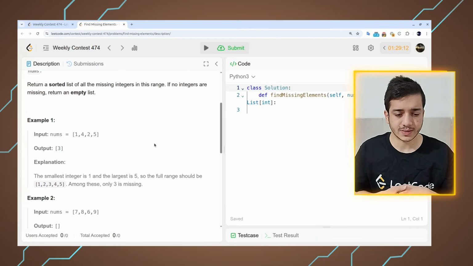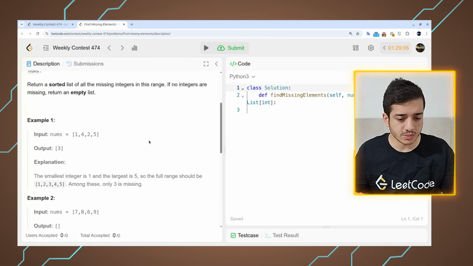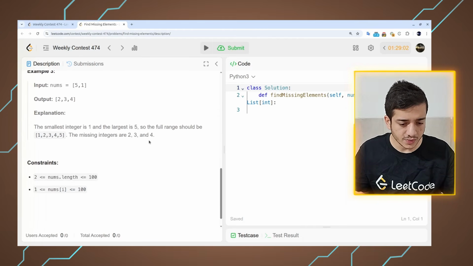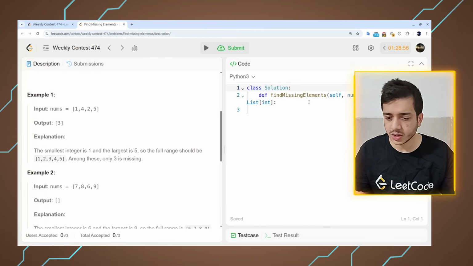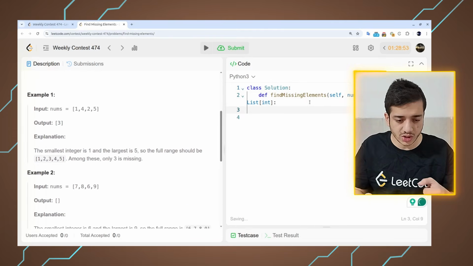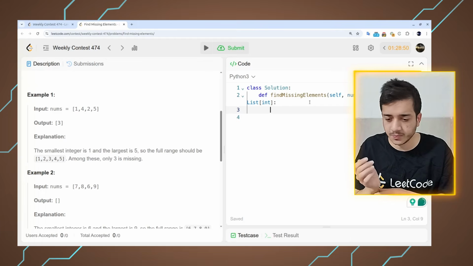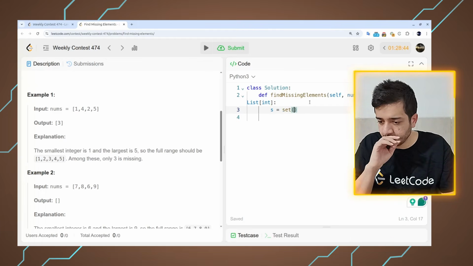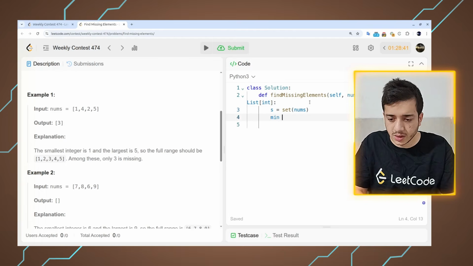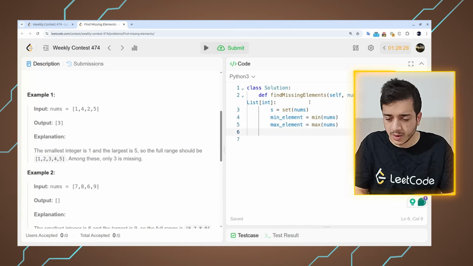Okay, for this problem, as the first and last one is always there, we should just make sure that we include all the elements that are not here. So what I'm going to do is start with defining a set over nums, then taking the min element, which is the minimum of nums, and the max element, which is the maximum of nums.